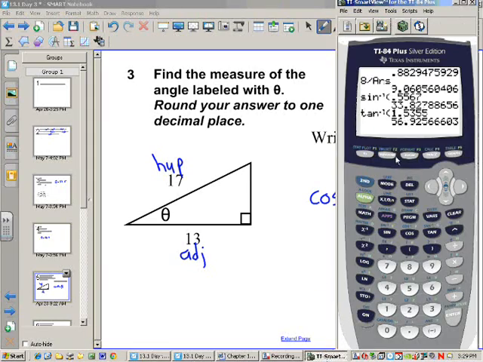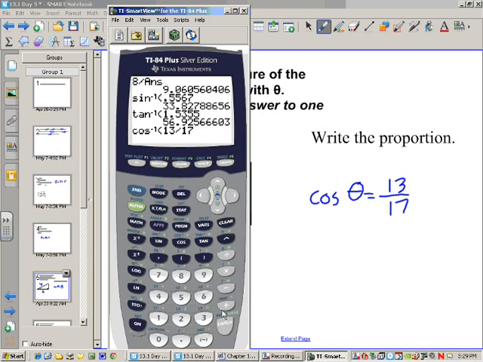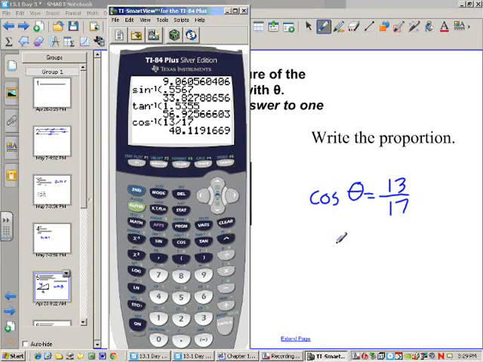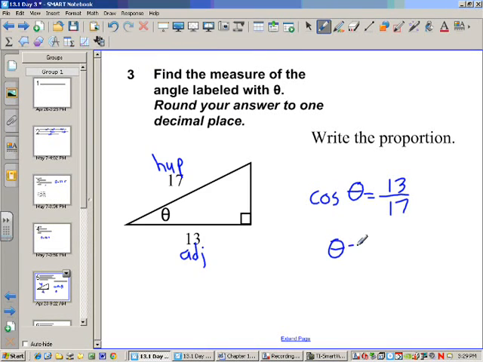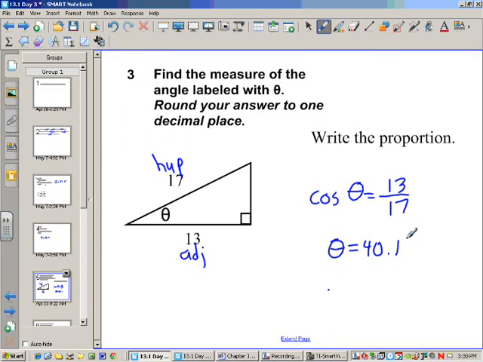Now to find this angle, I can just go to my trusty calculator and press second cosine. 13 divided by 17, hit enter, and theta is going to be 40, was it 0.1? Yes, 40.1 degrees is our correct answer.